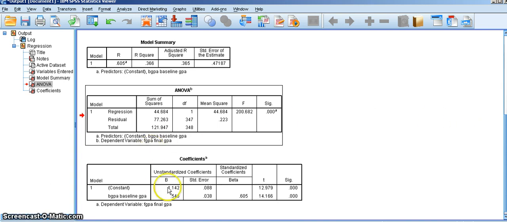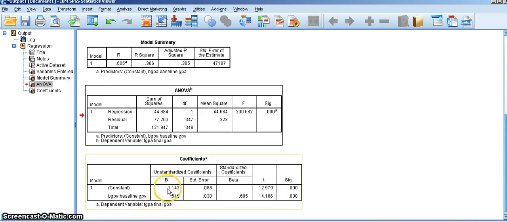The next box is the coefficients box, and this is what is going to tell us our coefficients to create our regression model or regression equation, and tell us whether our individual predictors that we used in our model are significant or not.